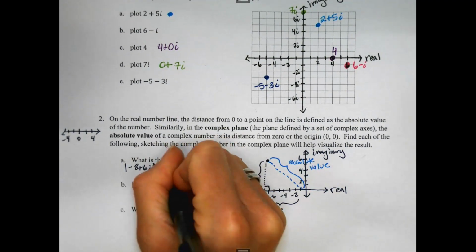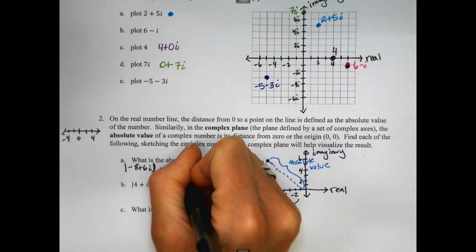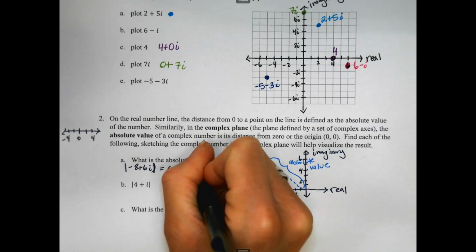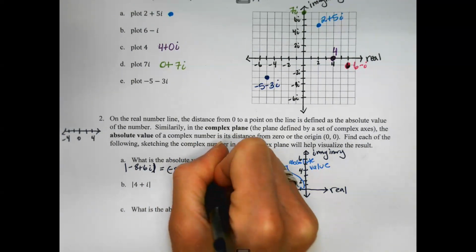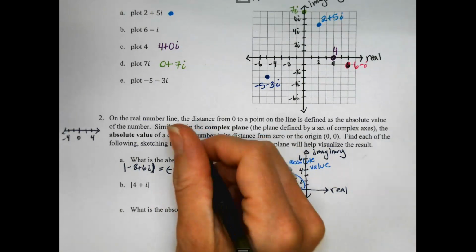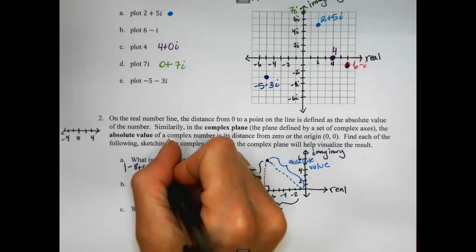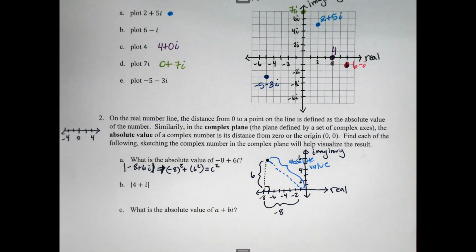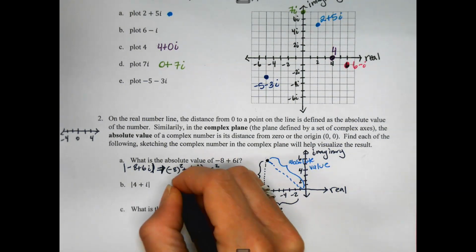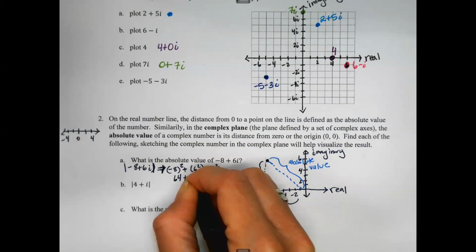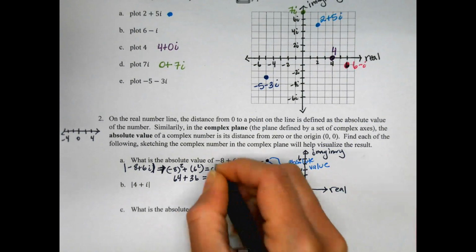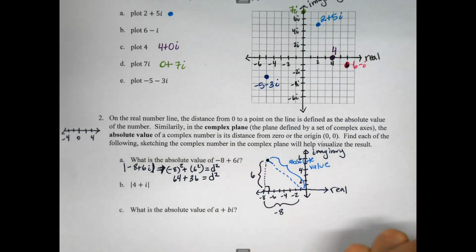(-8) squared plus 6 squared is equal to whatever that absolute value is. So we're going to say maybe c squared. 8 squared is 64, plus 36 is equal to c squared. Or let's actually make that a d because distance.